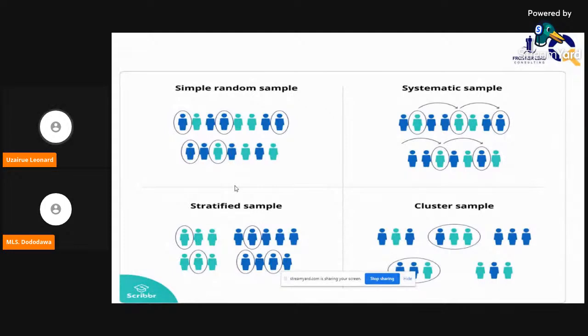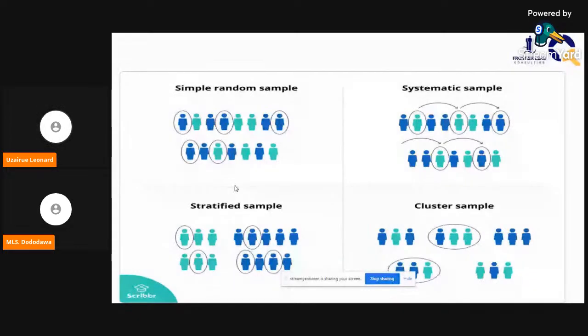Even within the state, we have local governments as another strata. Then within the local government, we have the wards as another strata, just in that format. So what you now do is use the sampling method, dividing the population into subgroups called strata based on the relevant characteristics.